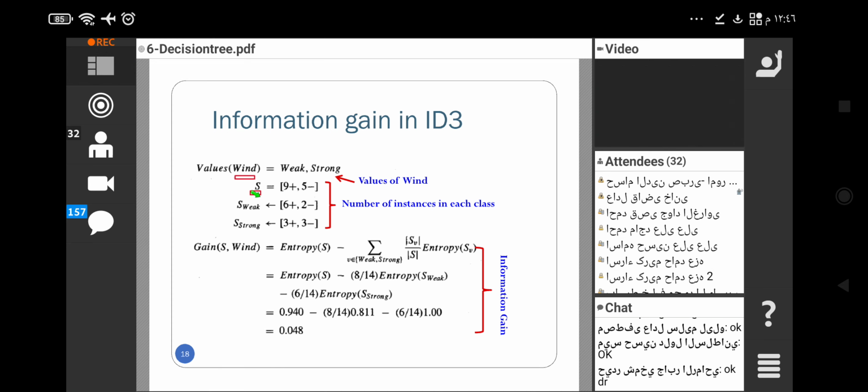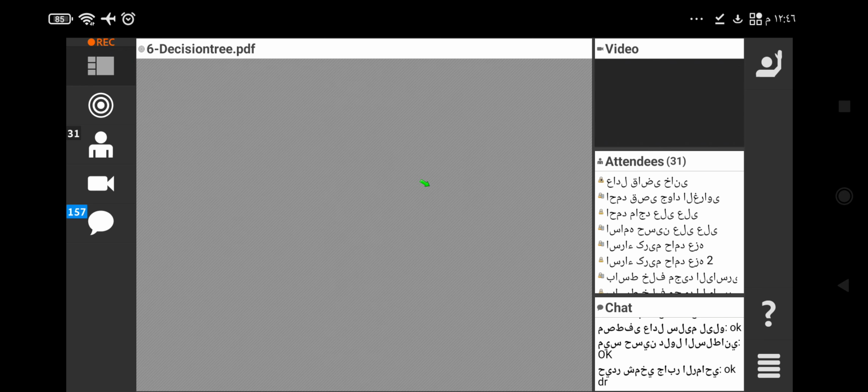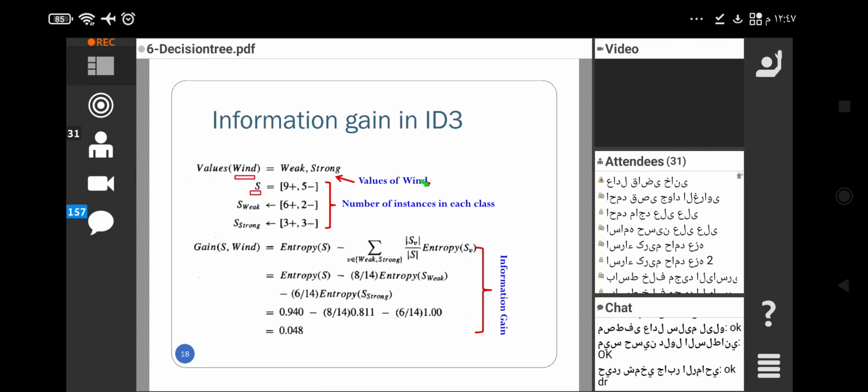In our data we have 9 positives and 5 negatives, 14. Okay, 14 is all of the data. In all of the data we have 5 negative and 9 positive, 5 no and 9 yes.